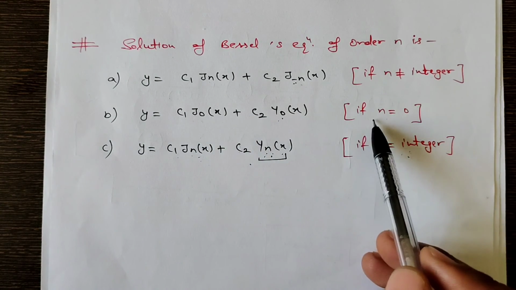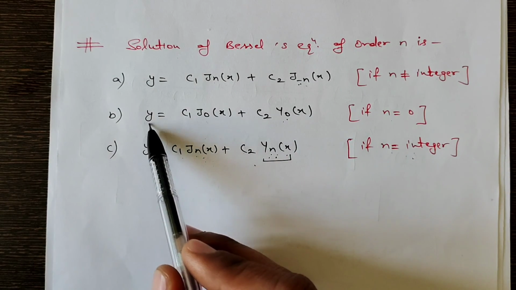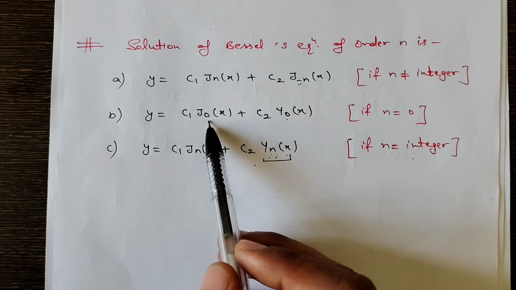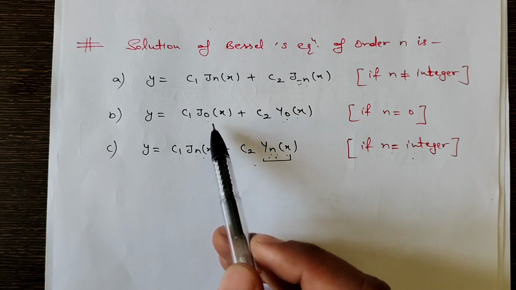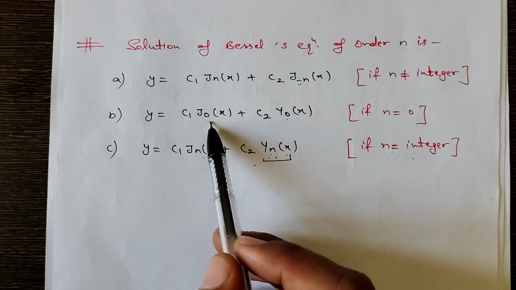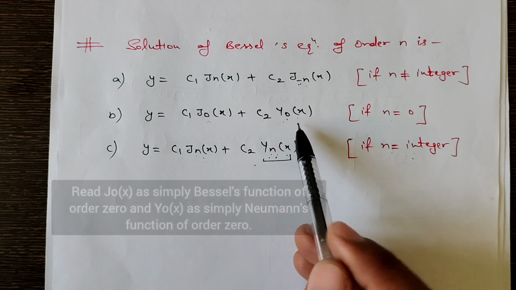And similarly we can write for the special case n equal to 0, the complete solution will be c1 times J_0(x) plus c2 times Y_0(x), where J_0(x) is nothing but the Bessel function of the first kind of order 0, and similarly Y_0 is the Neumann function of order 0.